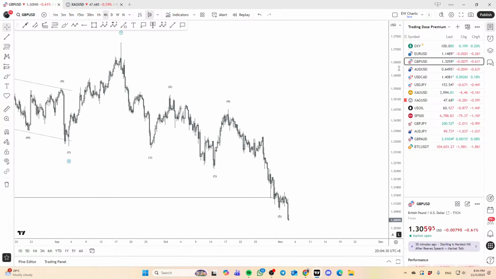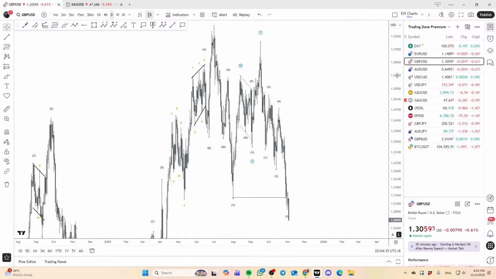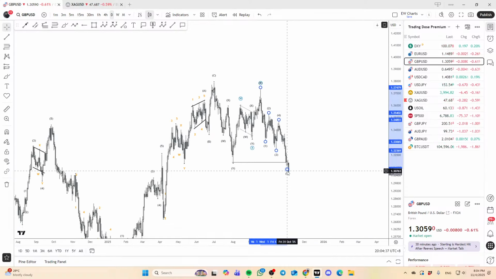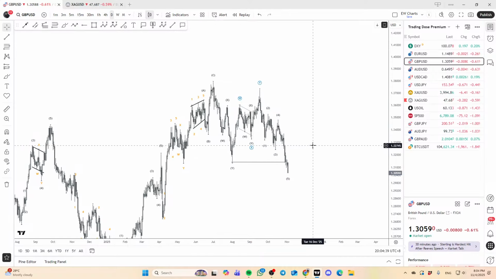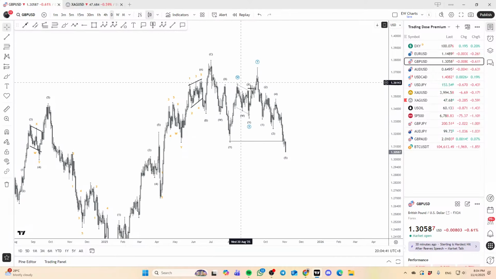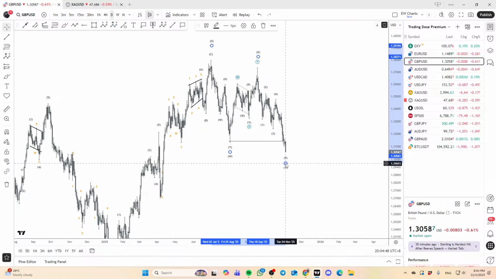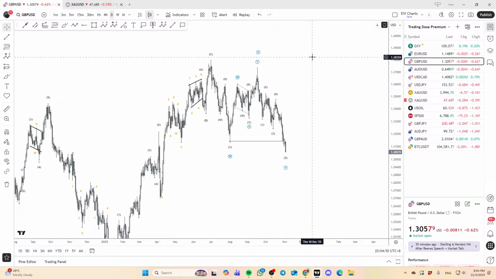Similar thing here in GBP USD. Going on a high time frame, you can see that price is currently breaking that low. So this possibly would build in a very nice three-wave WXY.